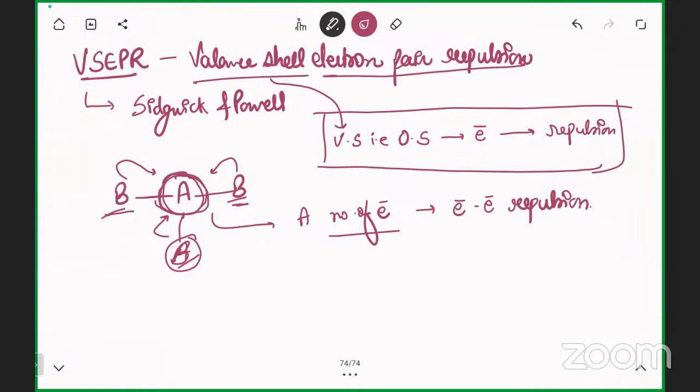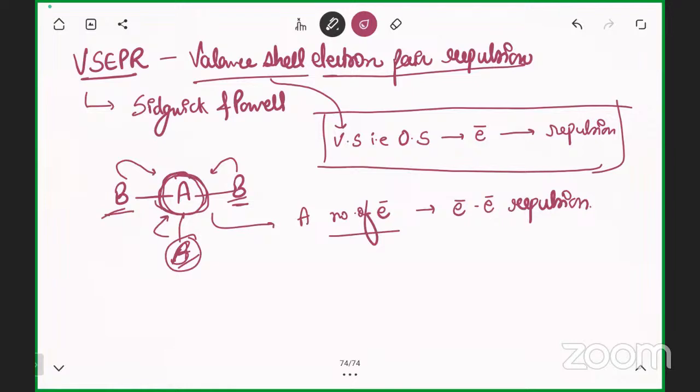If there is a repulsion around the central atom, what is the condition to get the maximum stability? Minimum repulsion or maximum repulsion? Anyone? Condition for maximum stability: minimum repulsion or maximum repulsion? Maximum, sir.